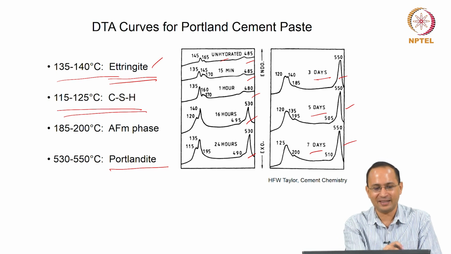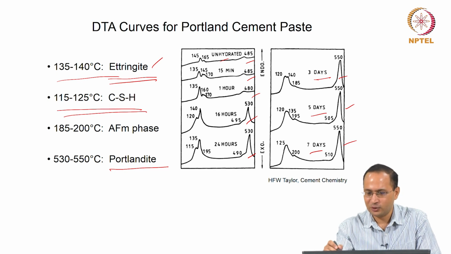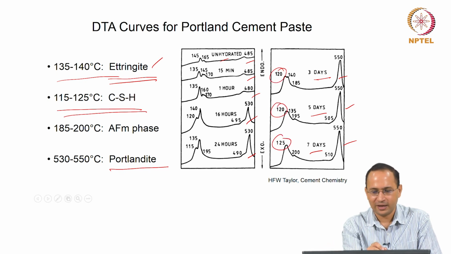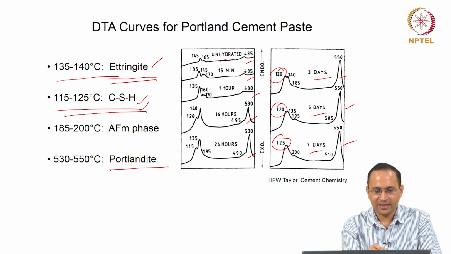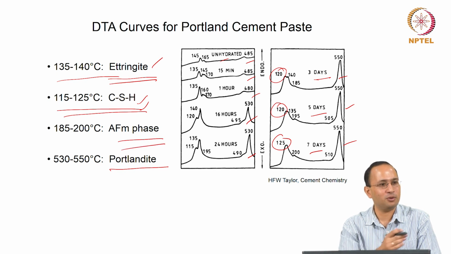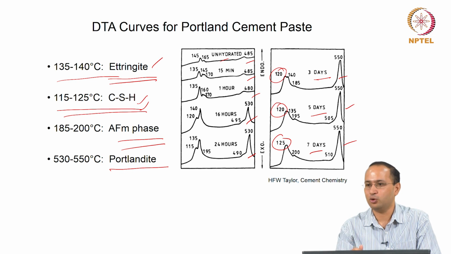water in that range. So at the later age, let us see 3 day, 5 day, 7 day, you have a peak around 120, 125 which can be primarily due to CSH, loss of water from CSH. And then you also have an AFM phase; the AFT phase like Ettringite gets transformed to monosulfate.